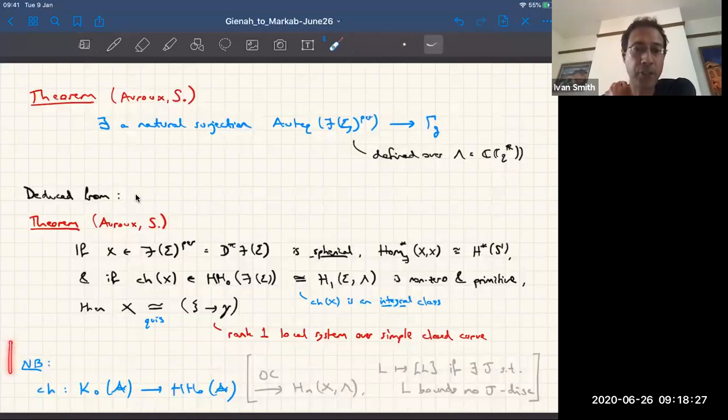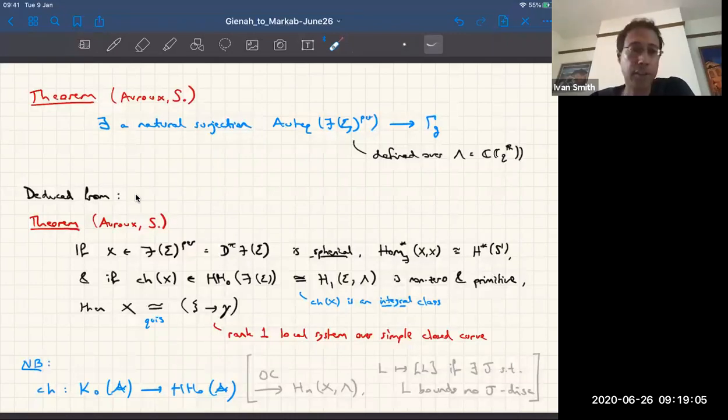A more familiar thing would be if I then composed with the open-closed map to land in just the homology of my symplectic manifold. And at least if I started with an object that was a geometric Lagrangian, which was tautologically unobstructed, which bounds no disks for some J, then this composite would just be giving me its fundamental class. So you should think of the Chern character as a substitute for the fundamental class, which makes sense for an object of the derived Fukaya category and not just for a geometric object.